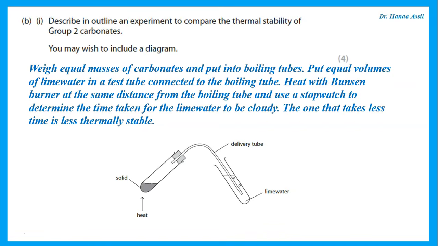So you can say that the boiling tube was fixed at a certain distance above the Bunsen burner. Use a stopwatch to determine the time taken for the lime water to be cloudy, and we should see that the one that takes less time, that means it turns the lime water milky faster, then it is less thermally stable, or it breaks up more easily.